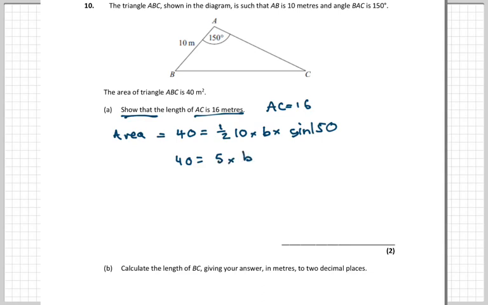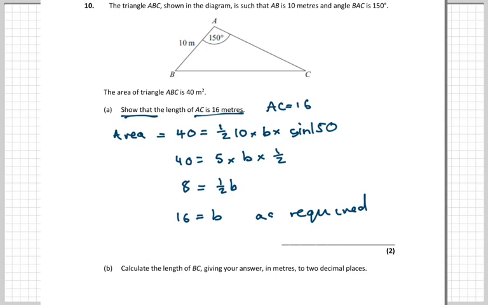Half times 10 is 5, times b times sine 150. When you do sine 150 in your calculator, you get a half. So we could divide both sides by 5, giving us 8 equals a half b, and then times both sides by 2, giving us b is 16, as required. That's what we wanted to show. We wanted to show that that side, AC, was 16, and we've done it.